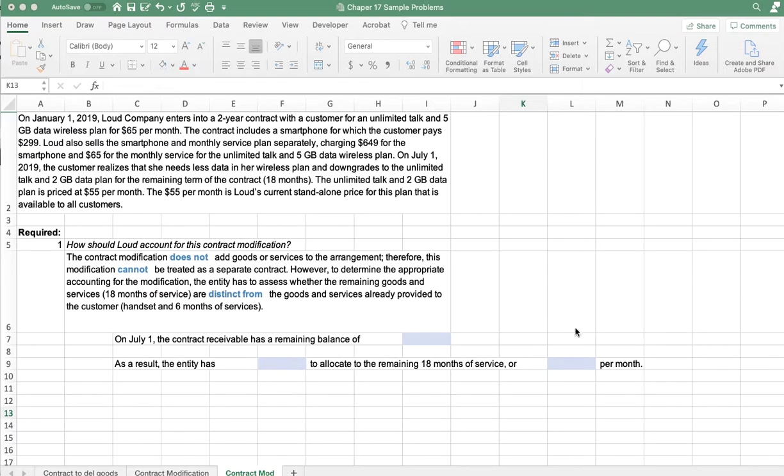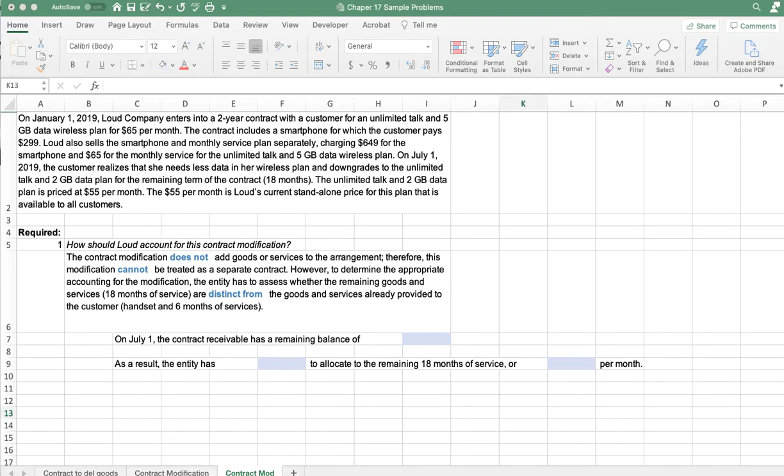And so let's first just figure this part. It's saying we have to assess whether the remaining goods and services are distinct from the goods and services already provided. And they are distinct.